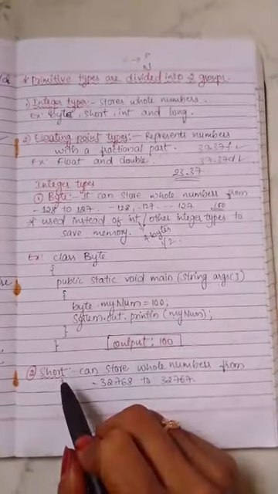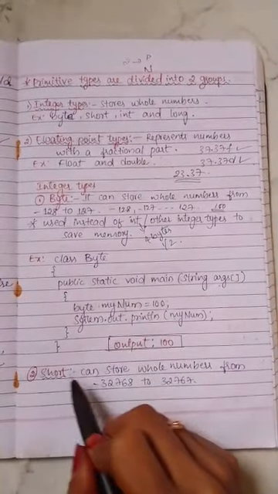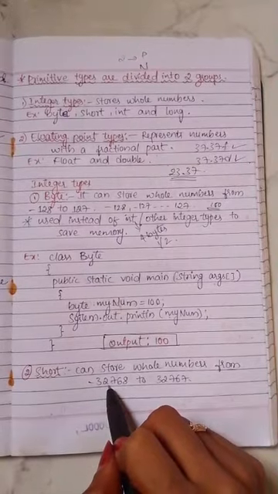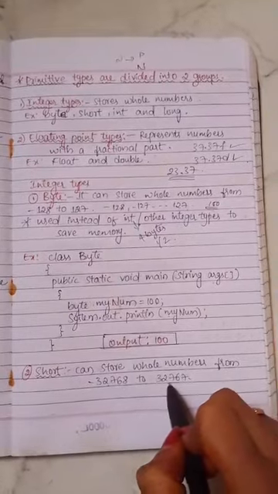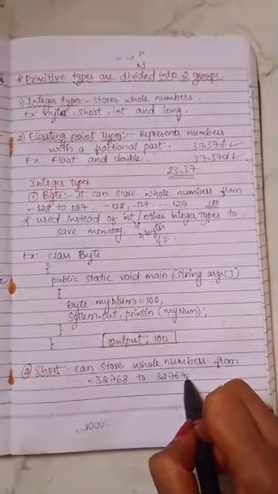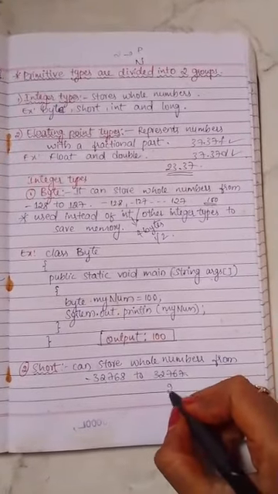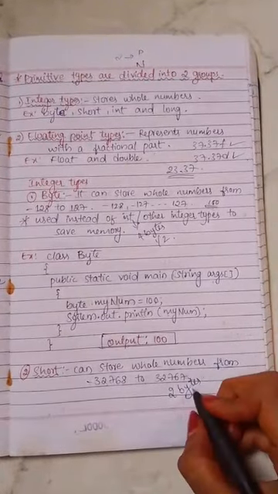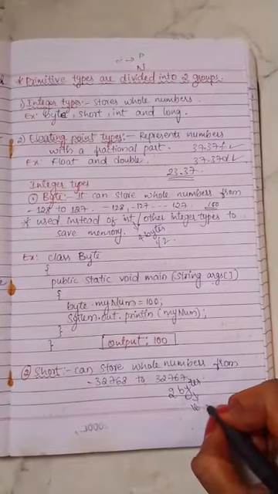It's very simple. And the second one is short, which can store whole numbers from minus 32,768 to 32,767. Short, as I already told you, is 2 bytes, that means 16 bits.